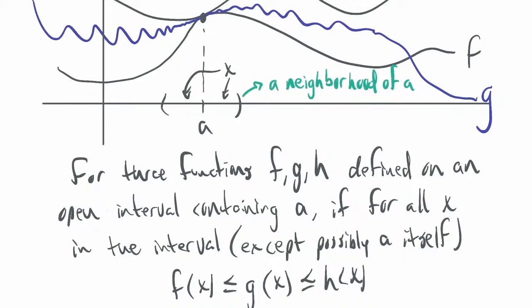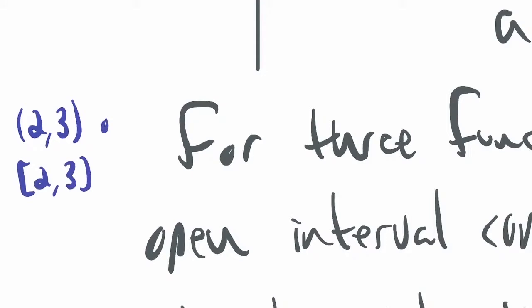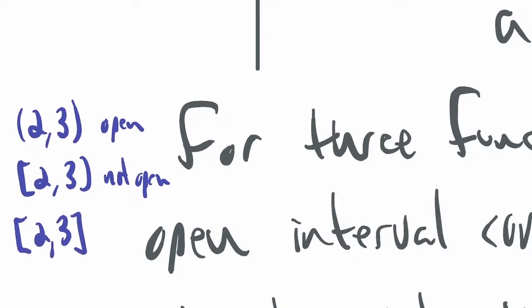So if I say the interval from 2 to 3, that is open, right? It does not contain the endpoints. If I say the interval from 2 to 3, including 2, that is not open. It's not closed either. If I had the interval from 2 to 3, including 3, that's closed.